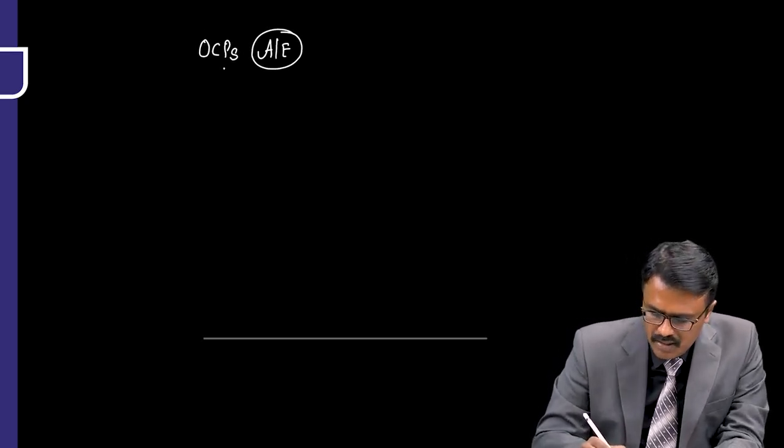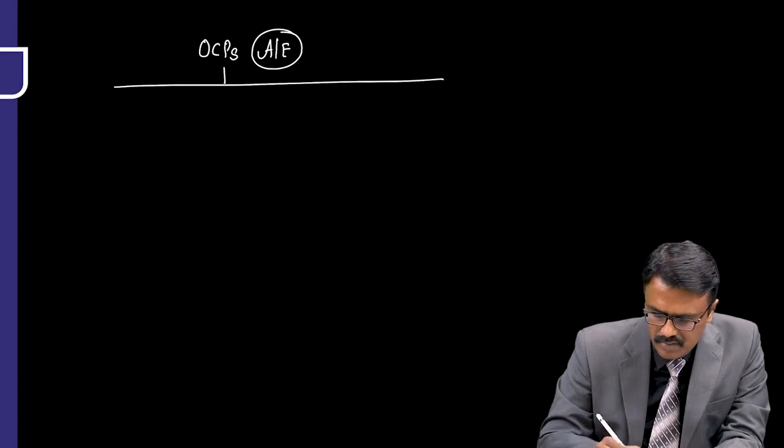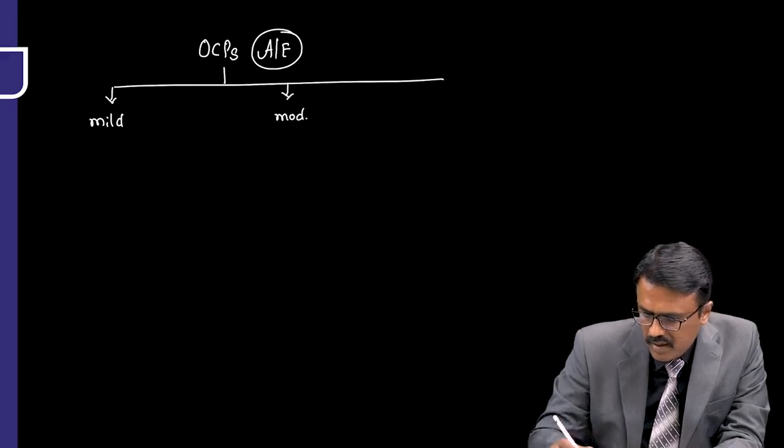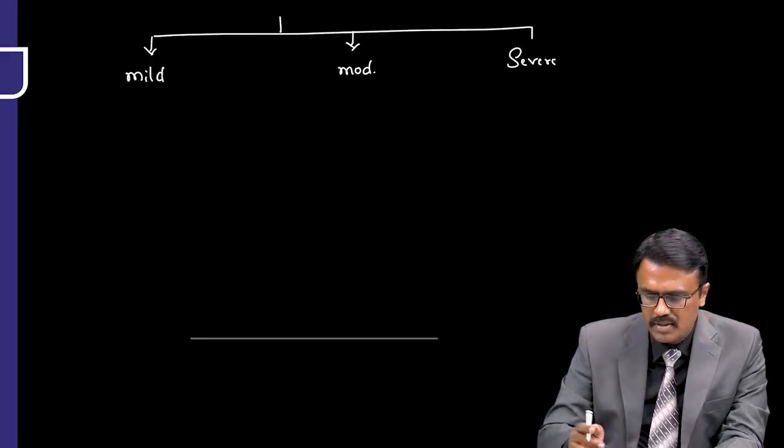Now when a woman is on OCPs, they can develop a mild adverse effect, a moderate adverse effect, and a severe adverse effect. So what are the mild adverse effects?